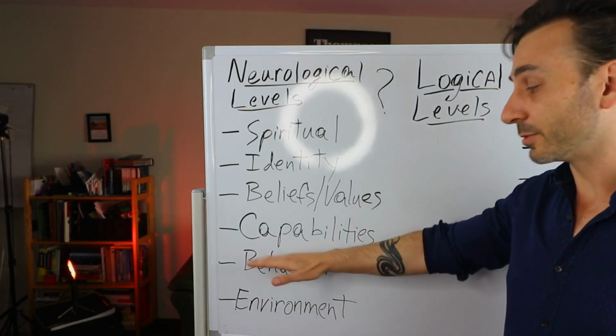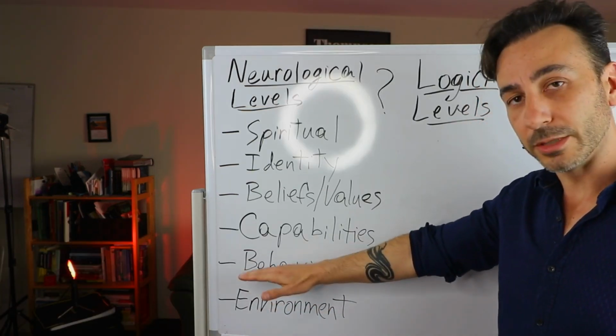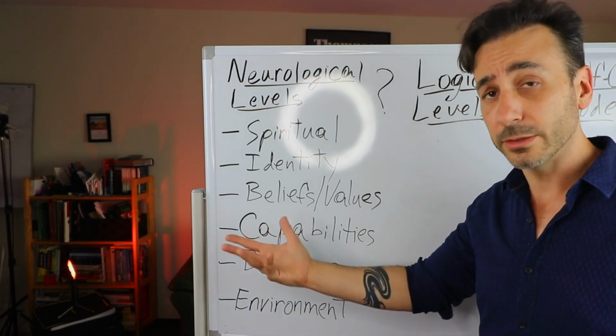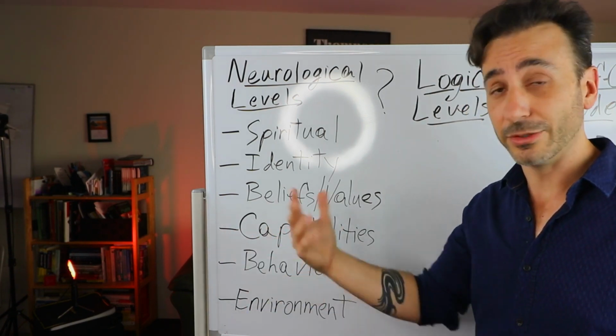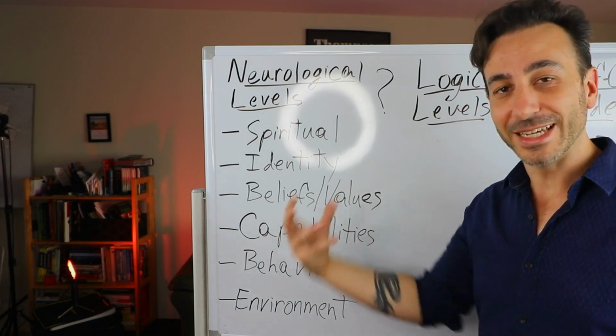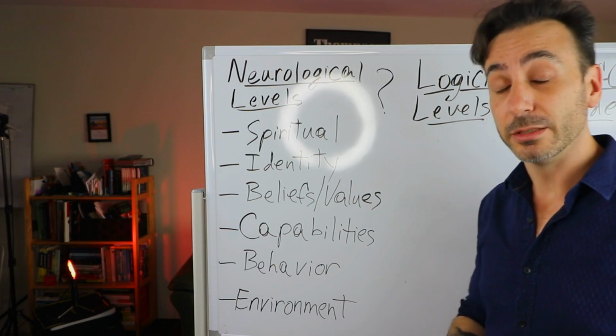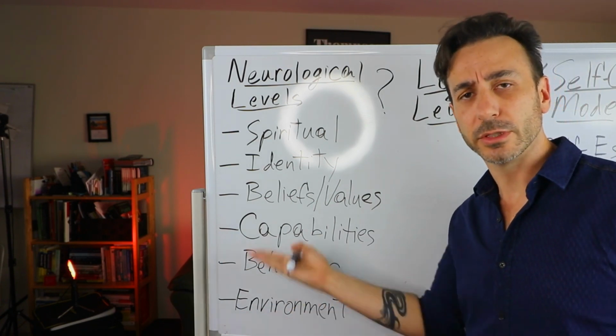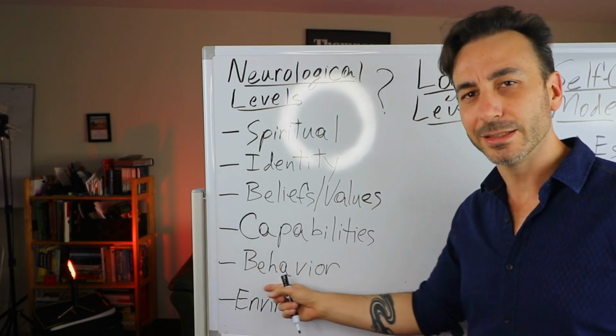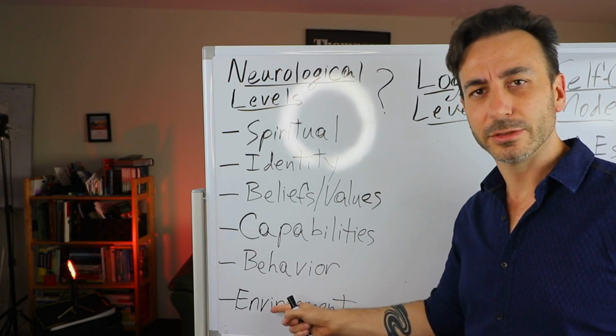A logical progression going up from environment could just be space. You have to have space. What contains an environment? Well, more space. So space might be a logical level you would use to go up. Behavior would not at all be a logical connection to environment.